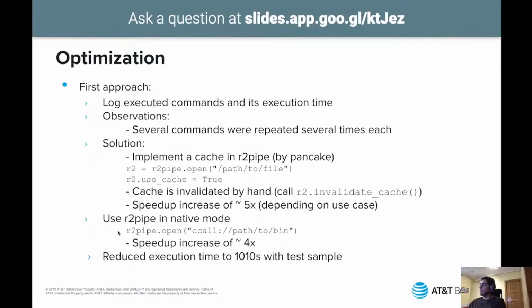If you open R2pipe in native mode, it opens Radare as a dynamic link library, loads it into the Python process, and for each command that you want to execute, it does a call to a function that executes this command.